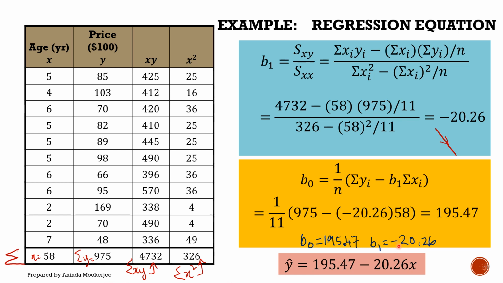The price decreases as age increases. The price of the car is decreasing. It's getting cheaper. It's depreciating, so to speak. Okay, so this is the example worked out, and this example actually is in the textbook. You can also read that up there.